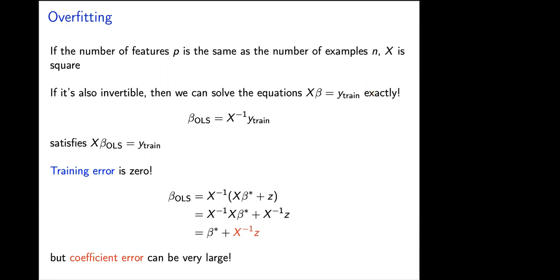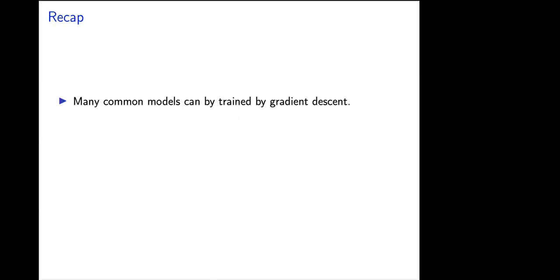This goes back to earlier, when we needed a large number of examples in order to effectively measure the correct mean or any other statistic. We also need a large number of examples relative to the number of features in order to get a good estimate of beta star, because otherwise we have a lot of noise over here that's going to mess us up. That's going to be particular to these individual variables and shouldn't be factored into what we've learned. Okay.